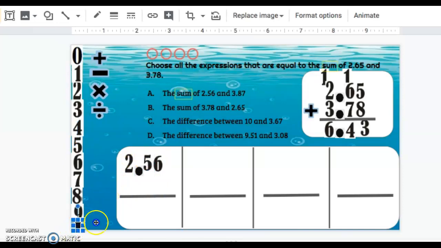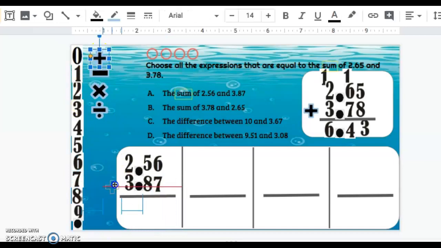And then I'm going to put my decimal point in the correct spot before I put my 3 and 87 hundredths, because I want to make sure that I put the numbers in the right place value and underneath the right digits so I can add successfully. So I'm going to put our 8 and then our 7. And then we know sum meant to add, so we're adding those two.